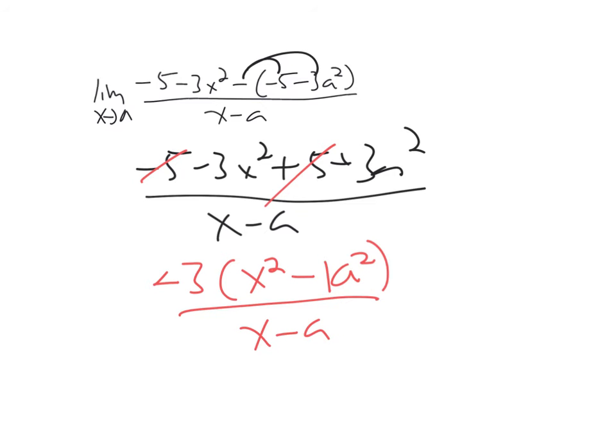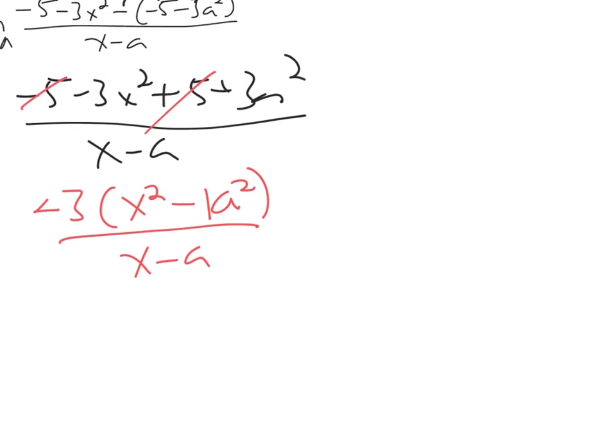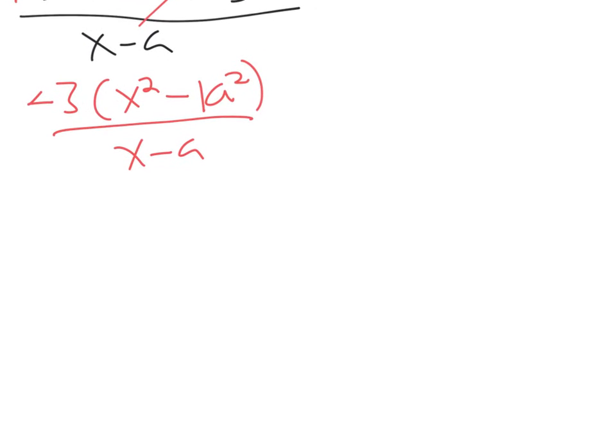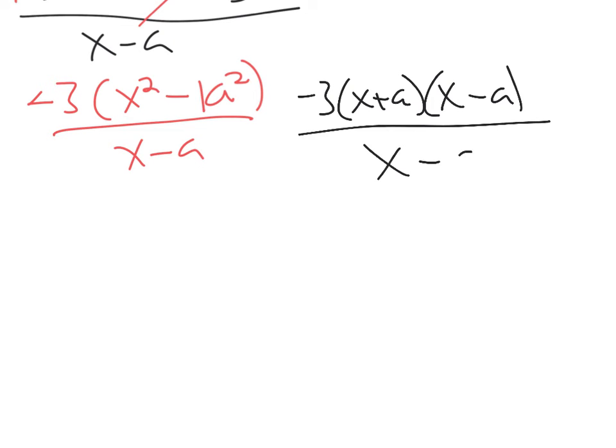I should be writing the limit, but while I'm doing the simplification, I'm not going to. So I'm going to move this up here so I give myself some real estate. Then x squared minus a squared, that's the difference of two squares factoring. So negative 3 times x plus a times x minus a, all over x minus a. And as you can see, this is why I factored out the negative 3, because that cancels.